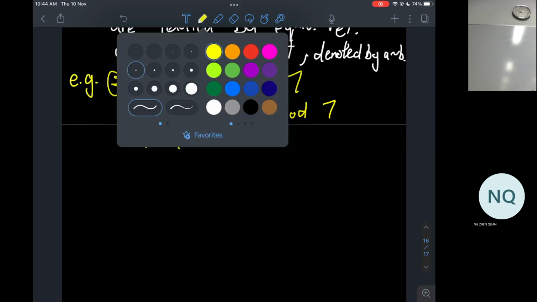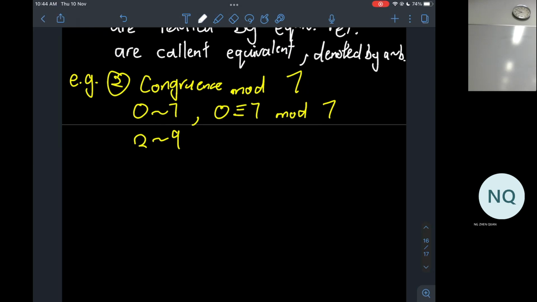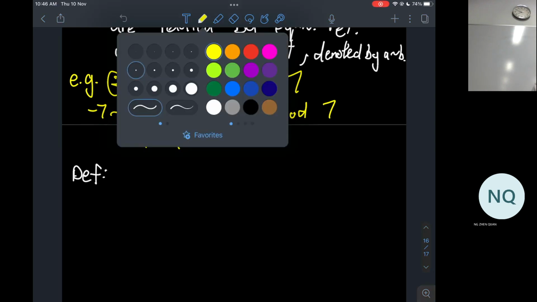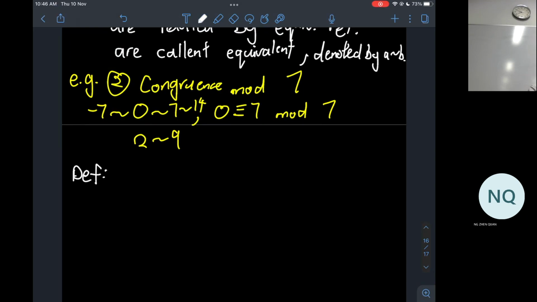Next. Actually, you can see that, for example, 0 is equivalent to 7, equivalent to -7, equivalent to 14. And all these numbers form a set. We will call it the equivalence class.